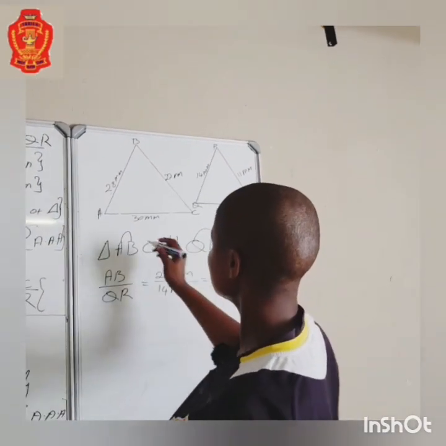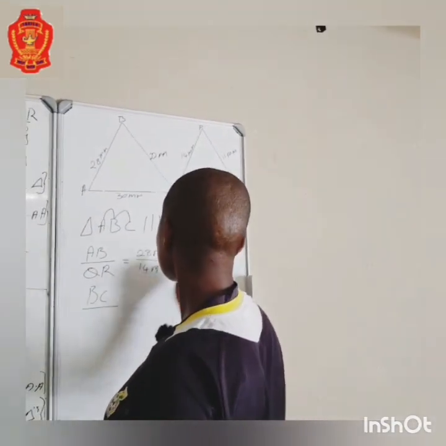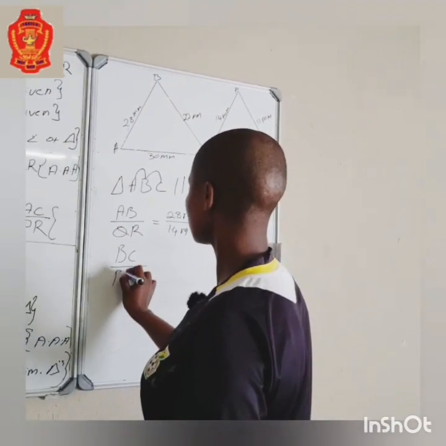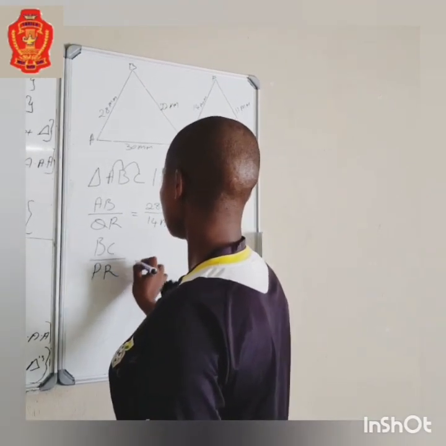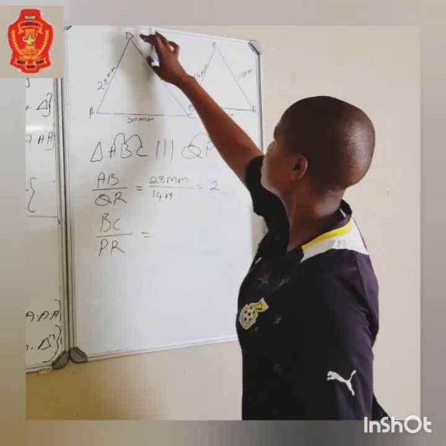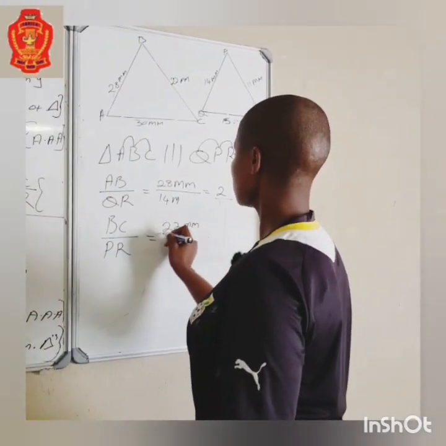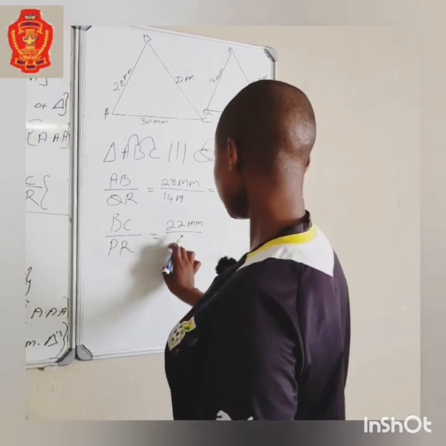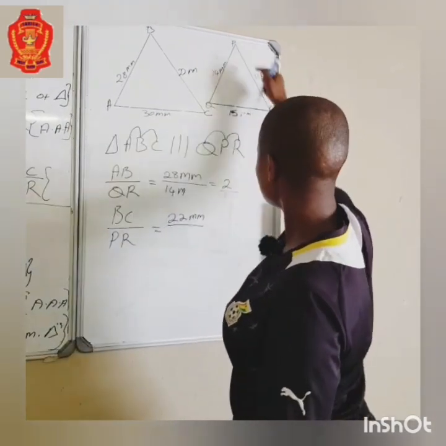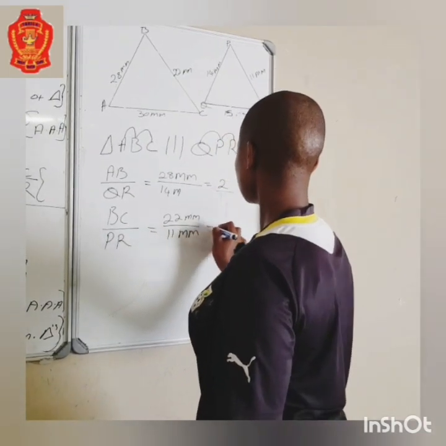So what we're going to do, the order BC divided by PR. Now we substitute the values of BC and PR. BC is 22 millimeters divided by PR, which is 11 millimeters. What is the value there?